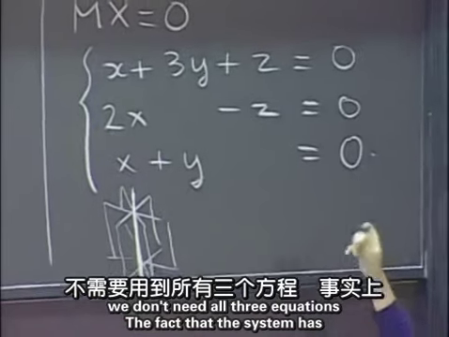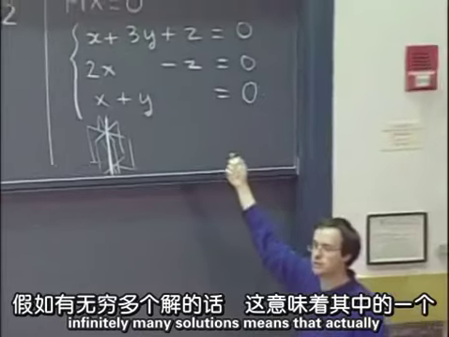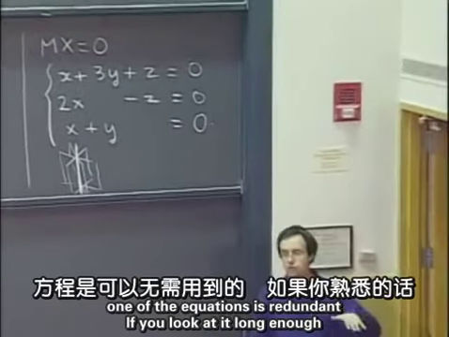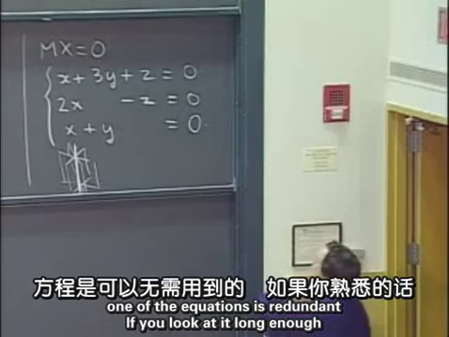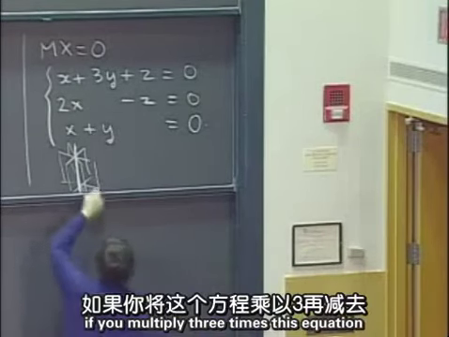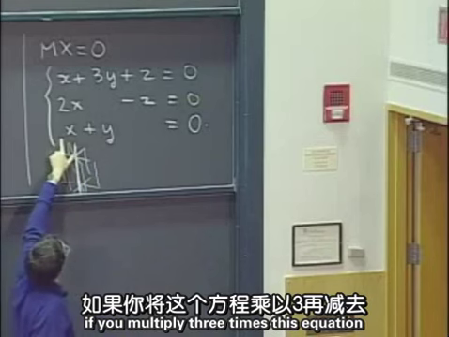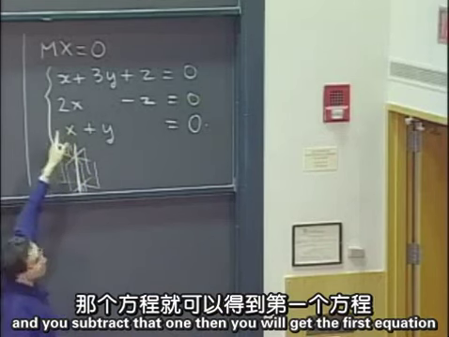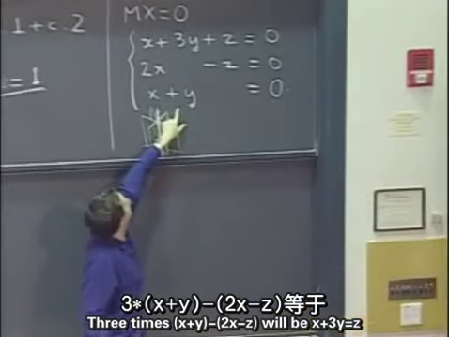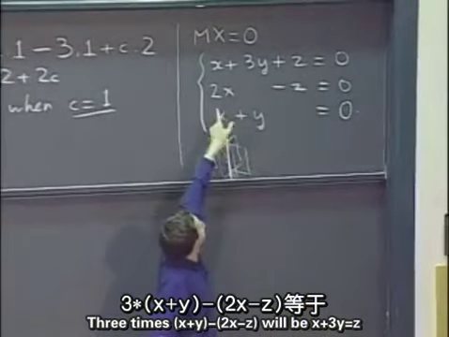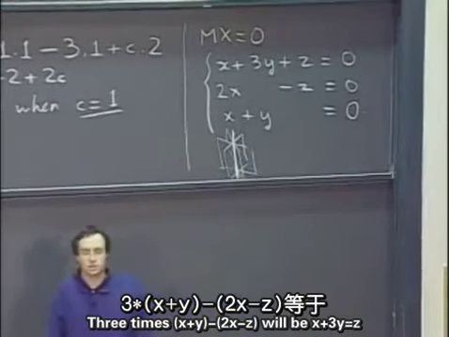The fact that the system has infinitely many solutions means that one of the equations is redundant. If you multiply 3 times this equation and you subtract that one, then you will get the first equation. 3 times x plus y minus 2x minus z will be x plus 3y plus z.